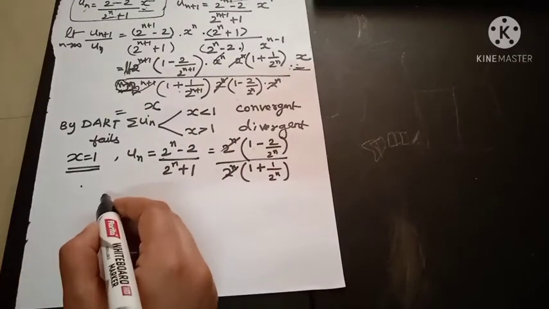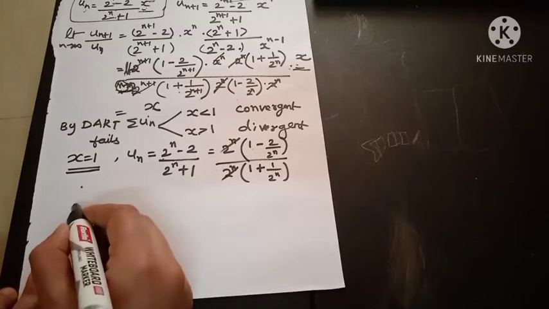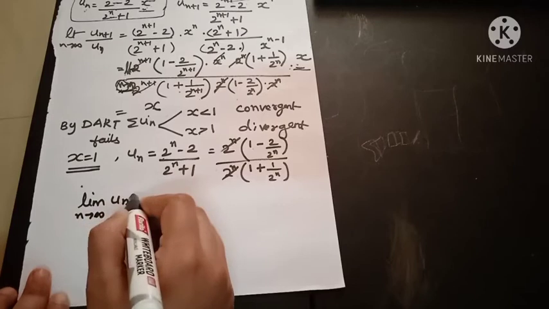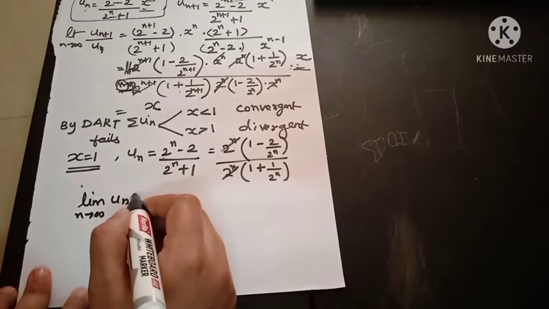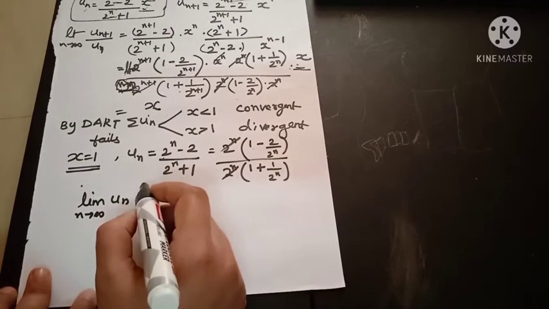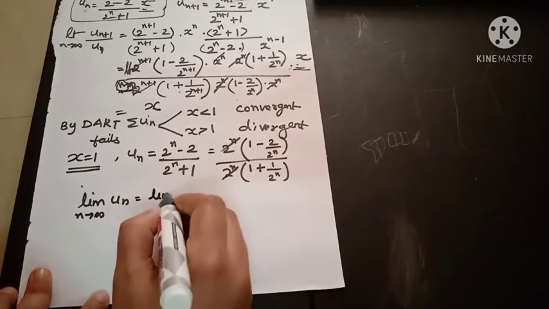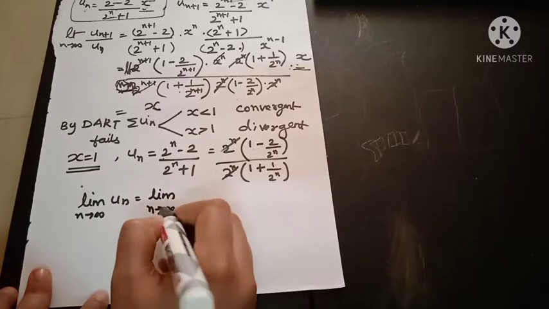So we have a property of infinite series that if the limit value of un as n tends to infinity is not equal to 0, then the series diverges.